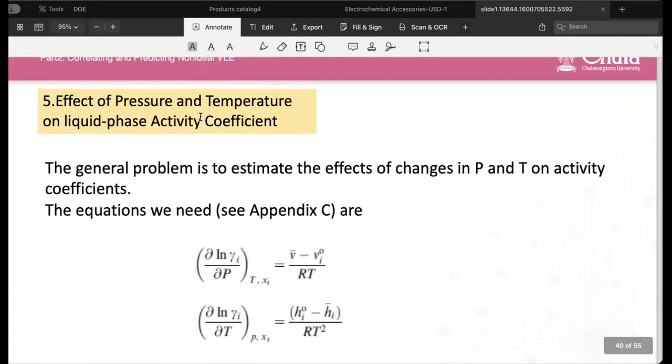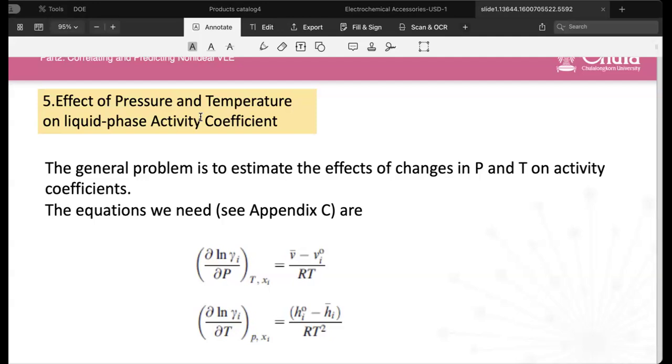The next question is, we assume constant pressure. We determine the activity coefficient at a certain pressure and temperature. The question is, can we use the parameters we obtain at a certain pressure and predict the behavior of the system at a different pressure?